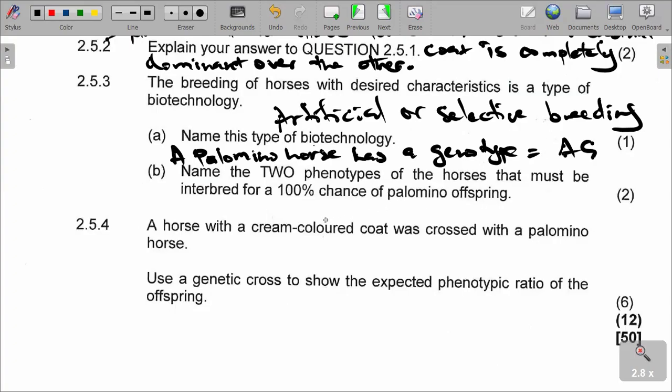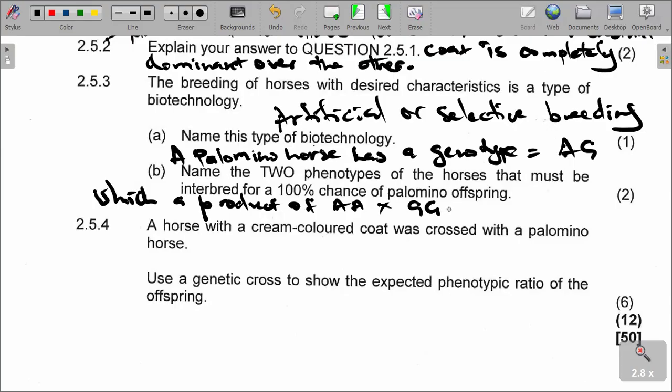So in order for us to get AG, you must cross a homozygous with a homozygous, which is a product of AA and GG.